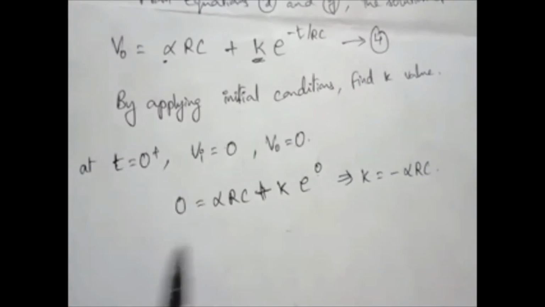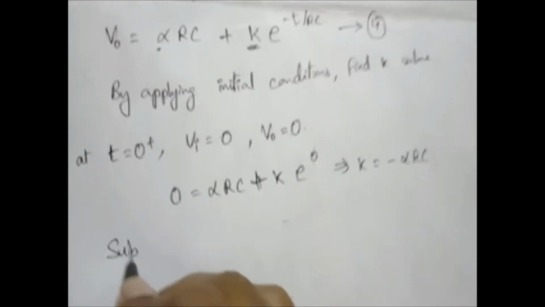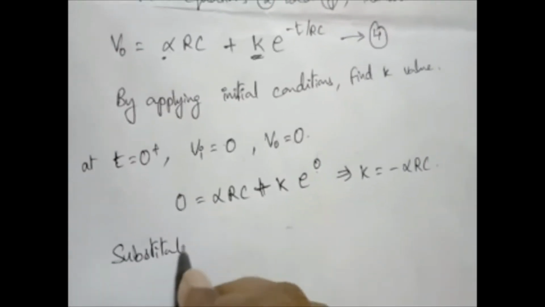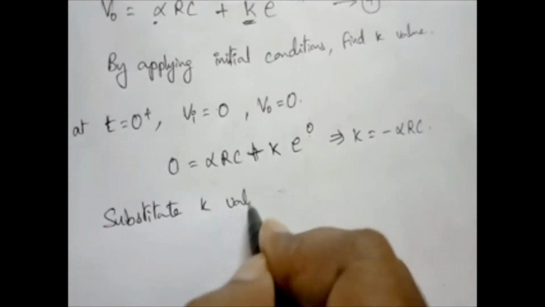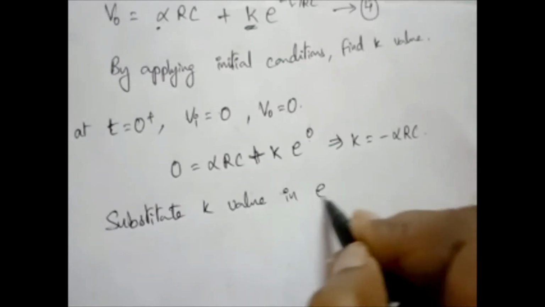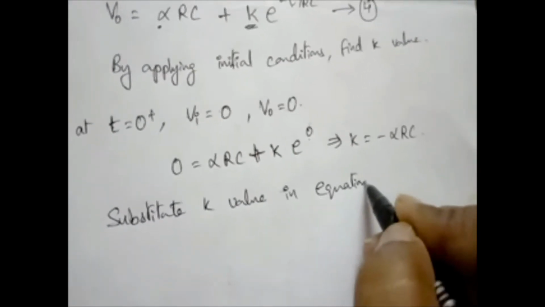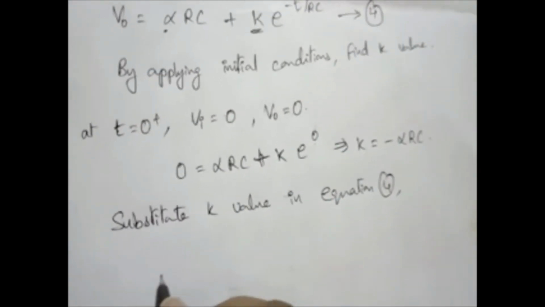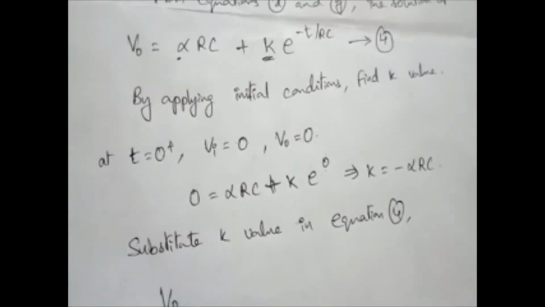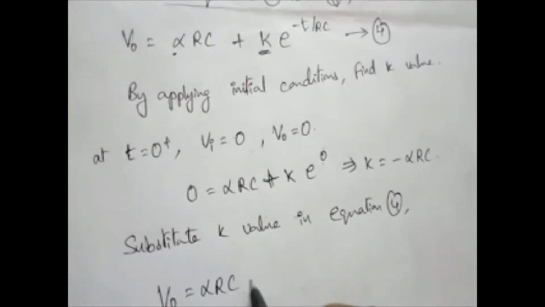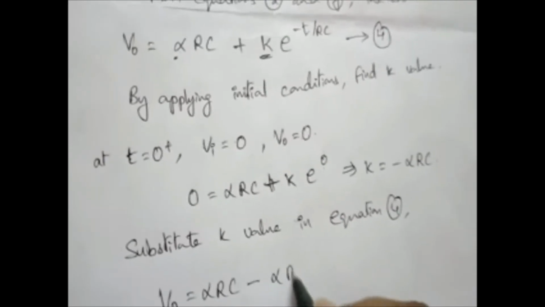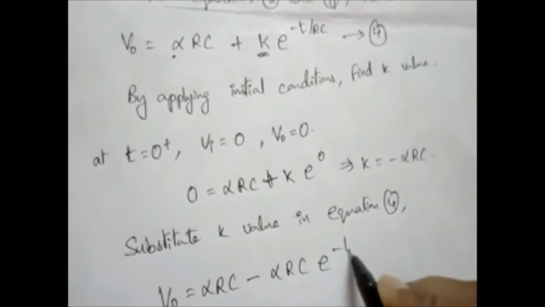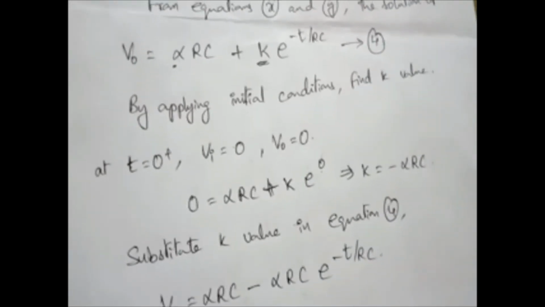Okay, so substitute the K value in equation 4. Then what are we getting? V0 is equal to alpha RC minus alpha RC into e power minus t by RC.